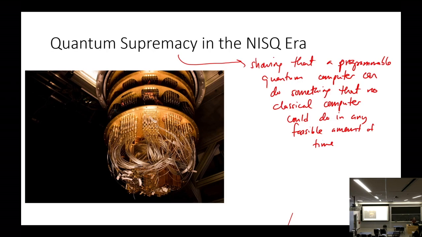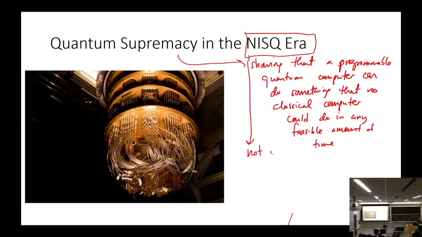One thing that's interesting about all of these quantum computers is that none of them are useful. None of them can do useful problems yet. And it's because of this second part of the title of this slide. It's because we're in the, what is this called? Noisy intermediate scale quantum era.